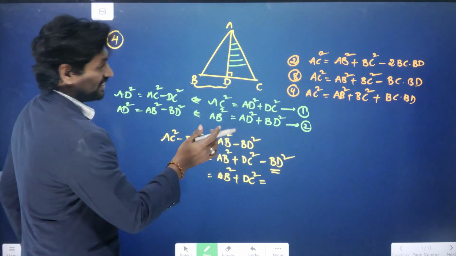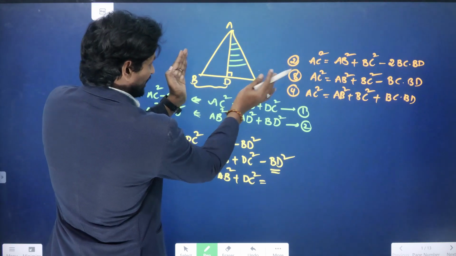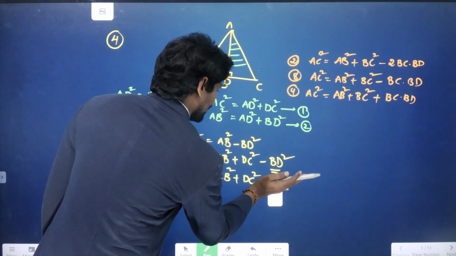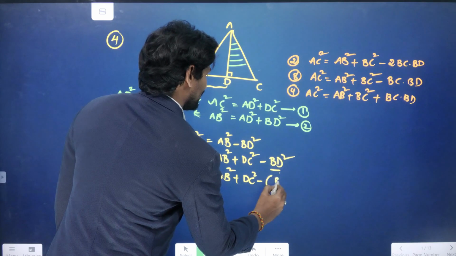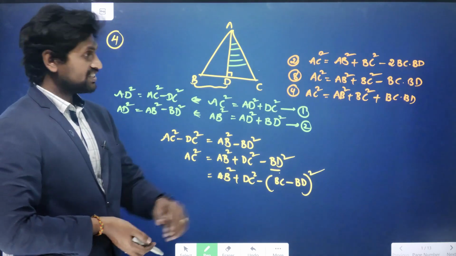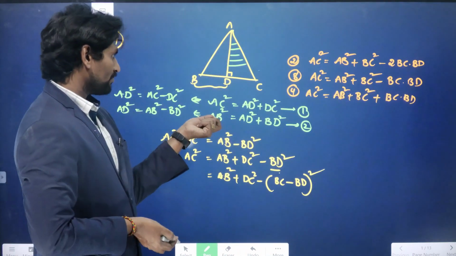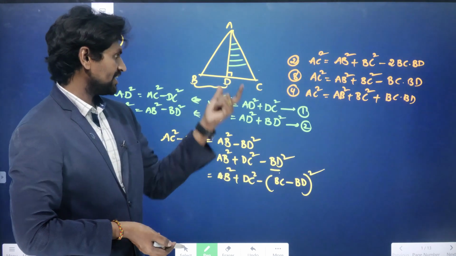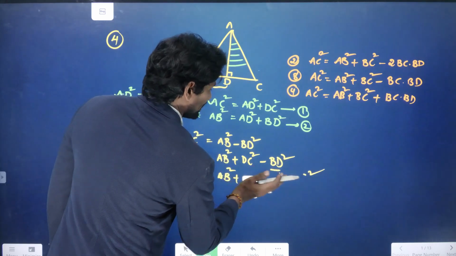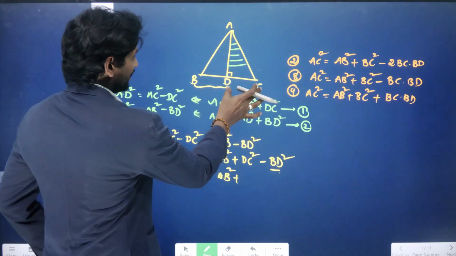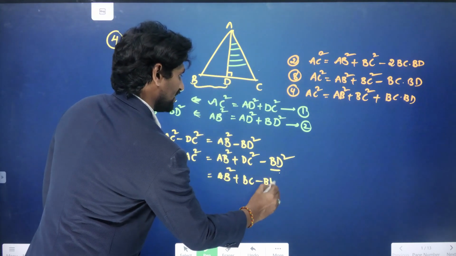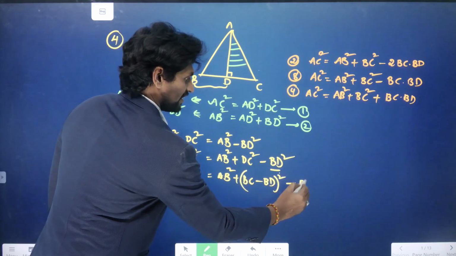In the place of BD, I take the entire distance BC minus CD, since BC minus CD is BD. But we should get BD, so let us change DC square. DC square we can write as BC minus BD whole square, minus BD square.